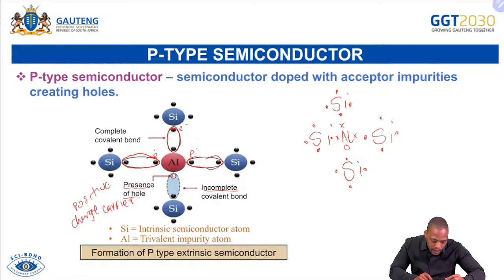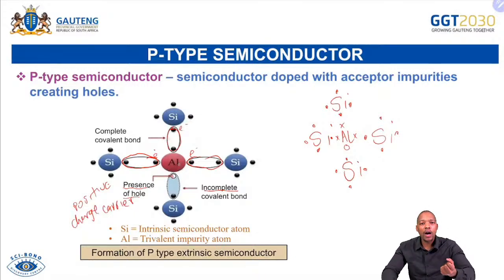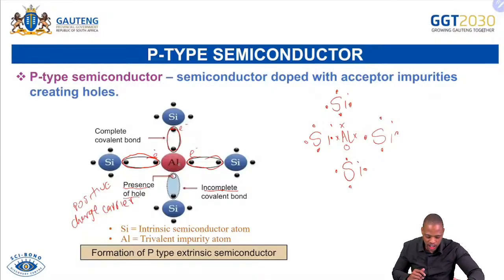Because what this is going to do, it will now start attracting electrons from the silicon crystal itself, because it's positive. Remember, unlike charges attract. So it will start attracting these charges, which are electrons, meaning that it might be this electron being attracted here. And remember, when this electron is attracted here, it must leave a hole there, meaning that another electron from somewhere else will be attracted as well.